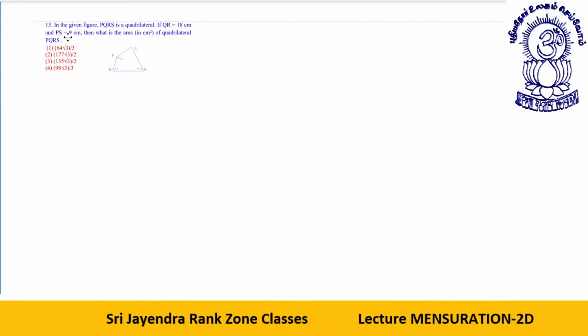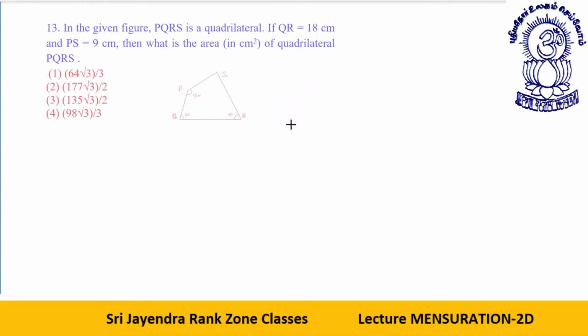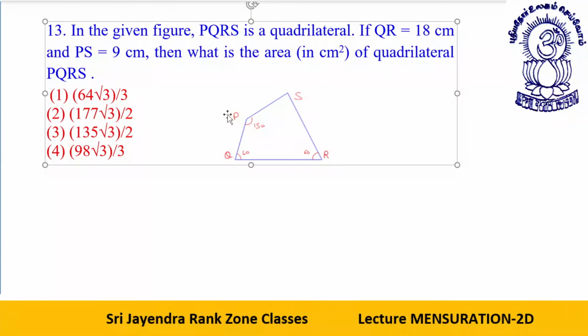Very, very good question. This is a tricky one, that's why I've kept it in the last. In the figure given, PQRS is a quadrilateral. If QR is equal to 18 and PS is equal to 9, then what is the area of the quadrilateral PQRS?